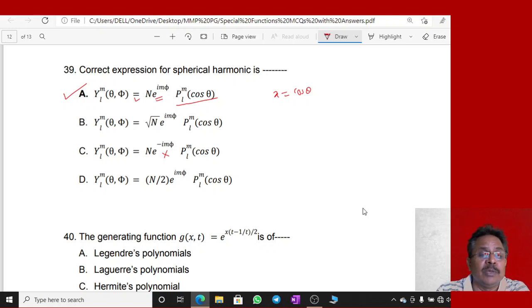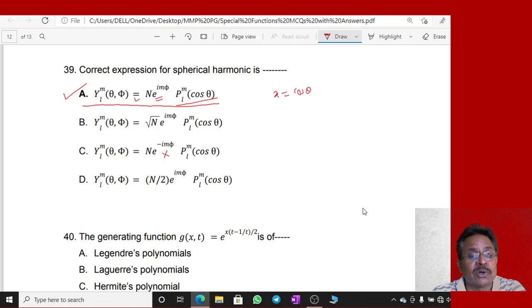But in general, in quantum mechanics and mathematical physics, we use this form as the correct expression for the spherical harmonics, which are the solution of the angular part of the Schrodinger equation when it is solved in the spherical polar coordinate system. So in quantum mechanics, you are going to learn this particular expression.